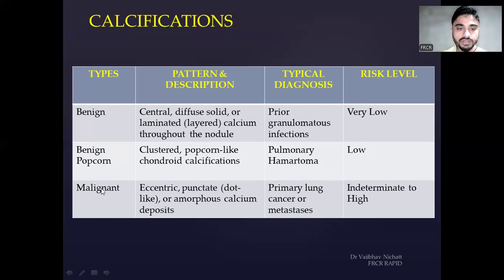Coming to the malignant type of calcification: if you have a lung nodule showing eccentric, punctate, dot-like or amorphous calcification, then you can raise a possibility of malignancy, and the risk of malignancy is intermediate to high. This type of calcification you see in primary lung cancers as well as in metastasis.